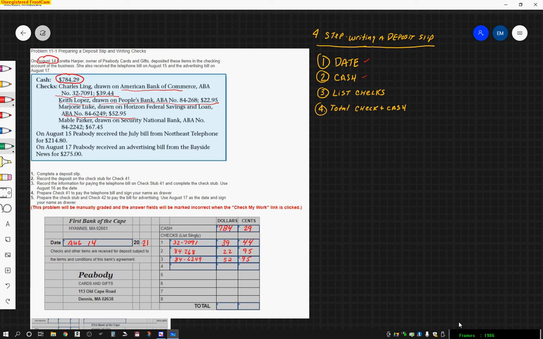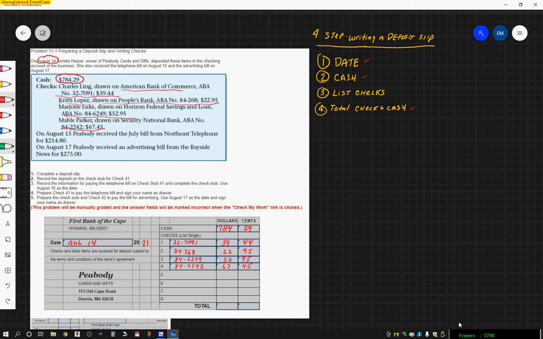And the fourth check that we're going to be doing is Marvel Parker, ABA number 842242. All right. And how much was it for? $67.45. Well, at this point, all we're going to do is add up all the checks and add it to the cash.